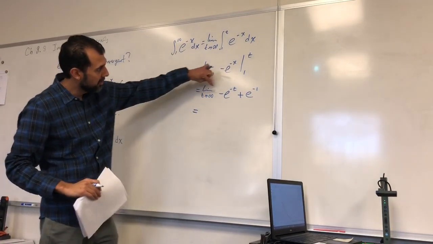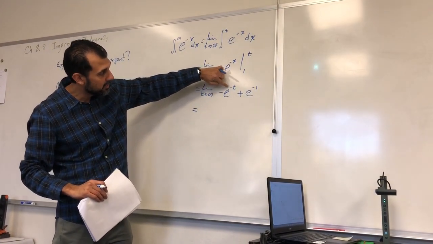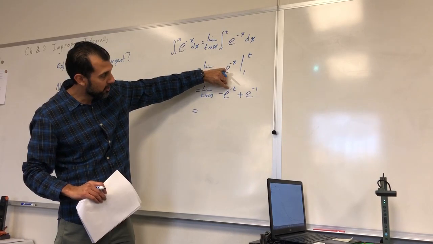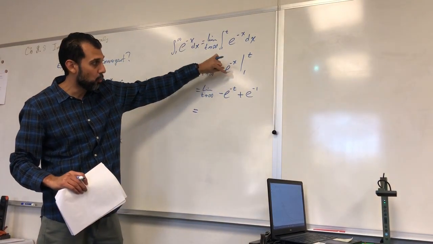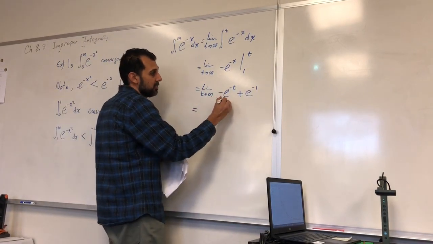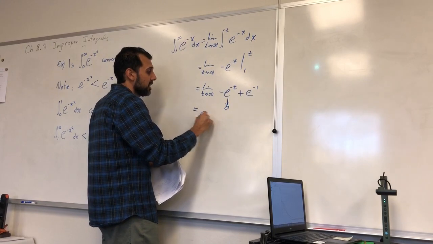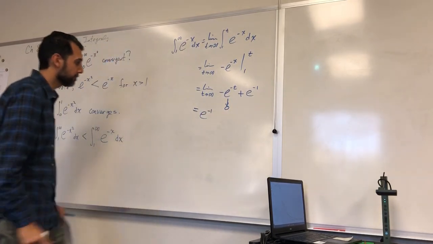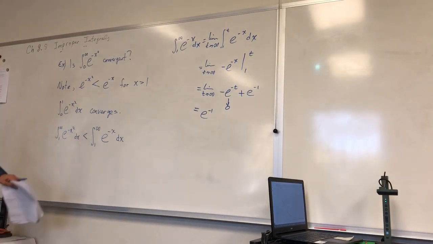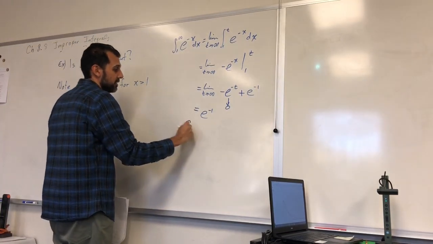So what does this do? As t goes to infinity, what does negative e to the negative t do? Well, this is essentially negative 1 over e to the t. So this part right here is going to 0. So all of this is really just equal to e to the negative 1, or 1 over e. And that means that this function right here converges.